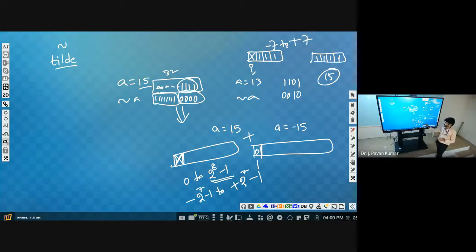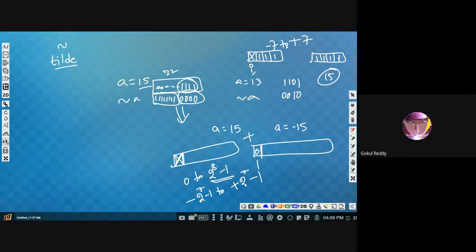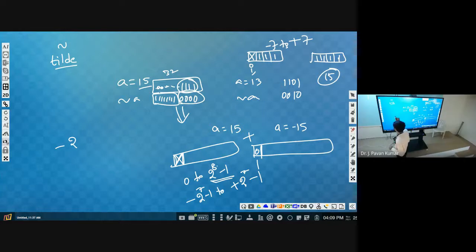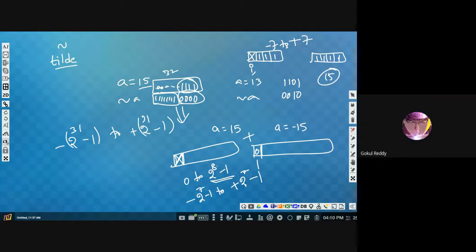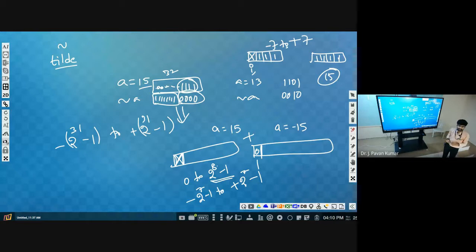Similarly, for 32 bits, minus 2 power 31 minus 1 to plus 2 power 31 minus 1. This will be the range of the integer.